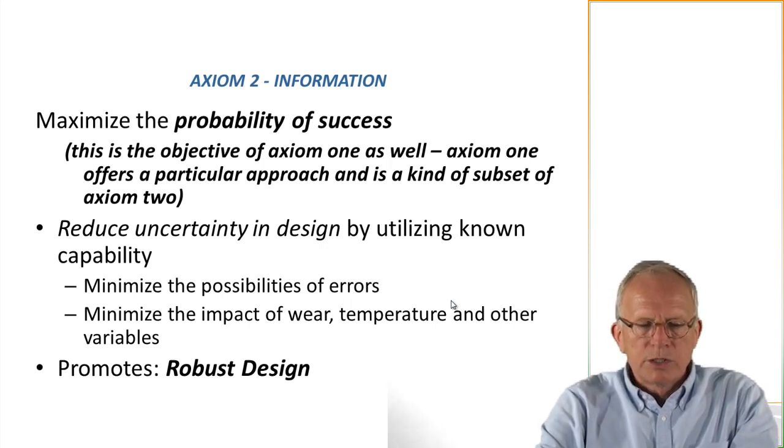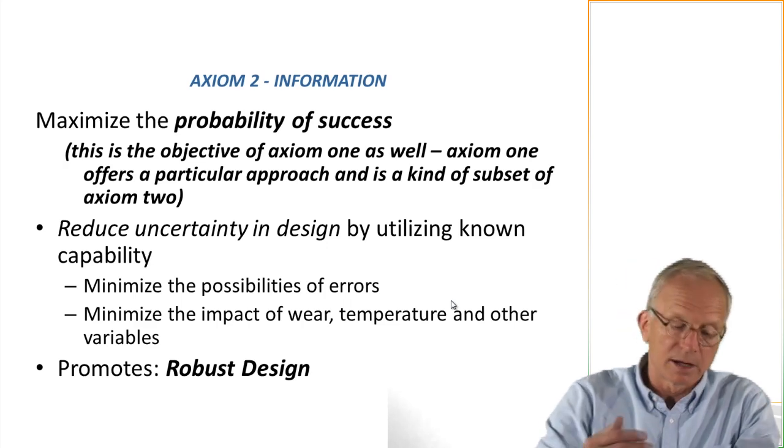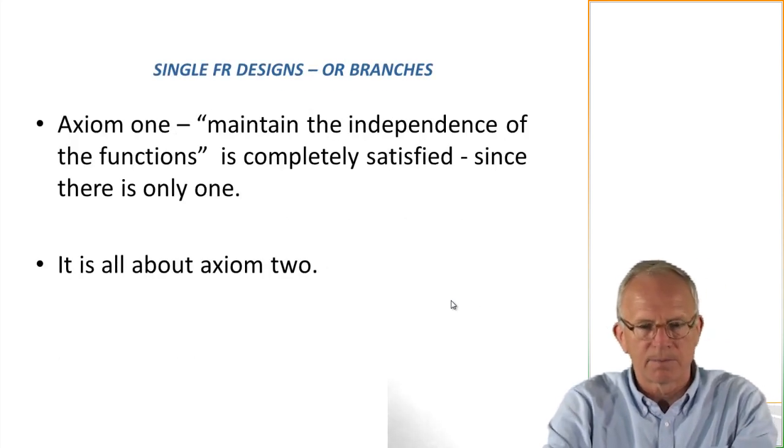So what we're doing in axiom 2 is reducing the uncertainty in design by utilizing essentially known capability. Minimize the possibility of errors, minimize the impact of wear and other variables, and get a robust design, one that's apt to function successfully more often.